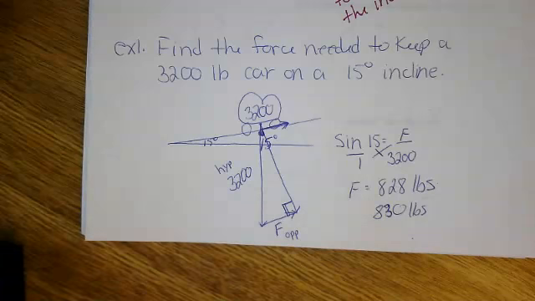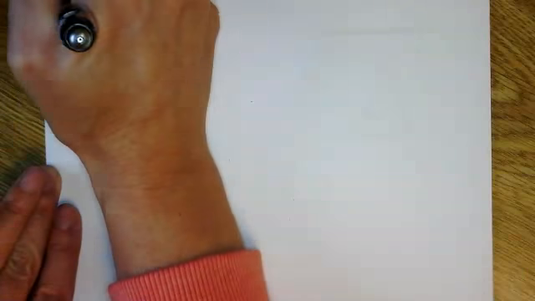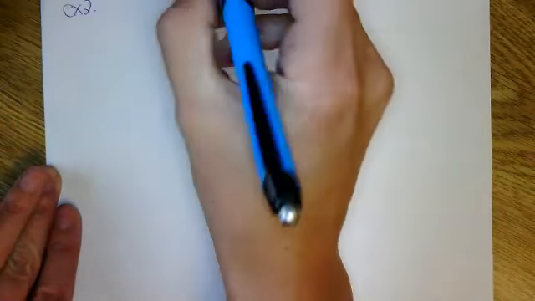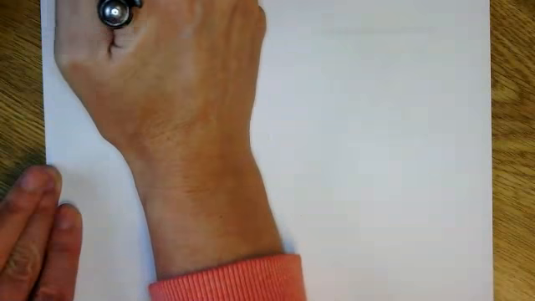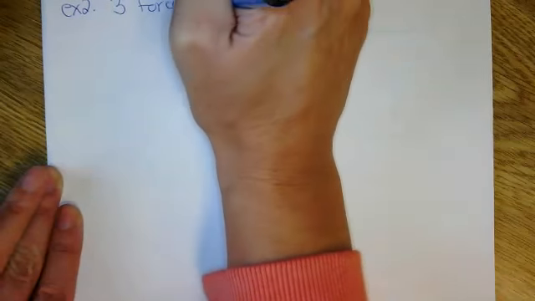Here's a tough one, and you're going to have one just like it, but I think you can go look back at this one and repeat the process. Okay, right here. Number 2. Okay, we've got 3 forces acting on a point. So see this as 3 ropes pulling.